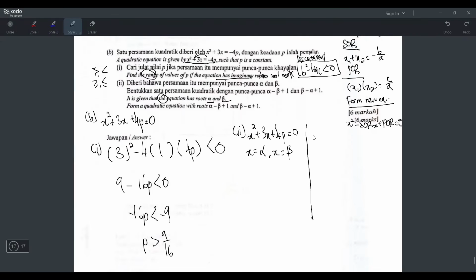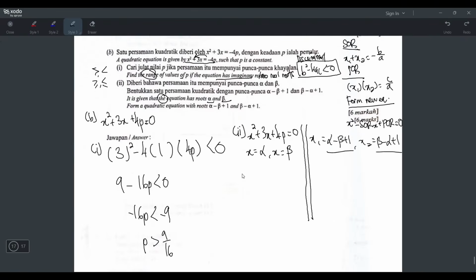Now there's another set of roots, which is x1 equals alpha minus beta plus 1, and x2 equals beta minus alpha plus 1. Why do I separate them? Because this set of roots is for this equation, and this set of roots is for the new equation. I need to write them separately so I don't get mixed up later and use the wrong one.